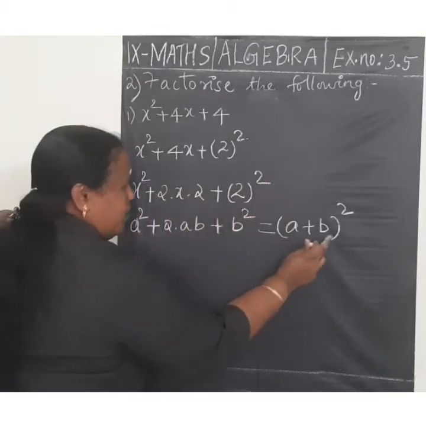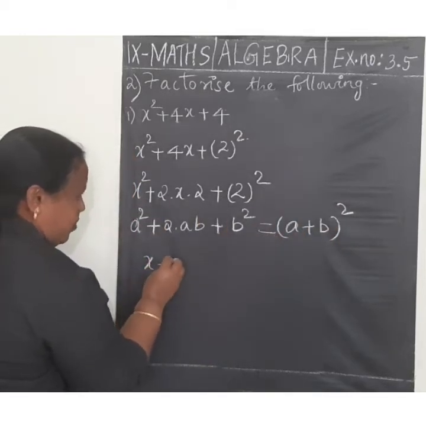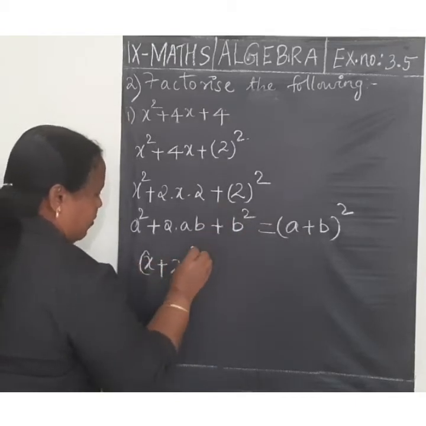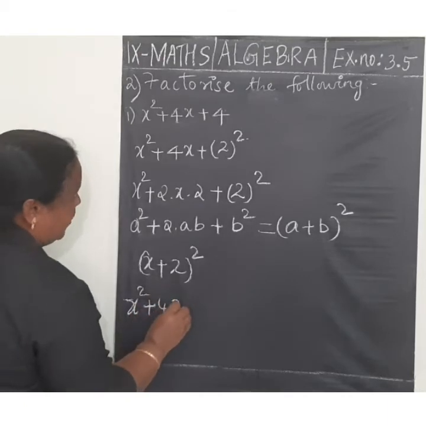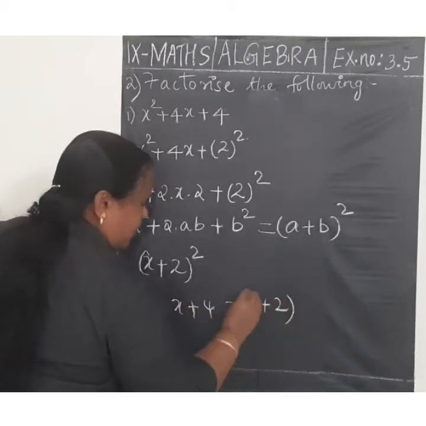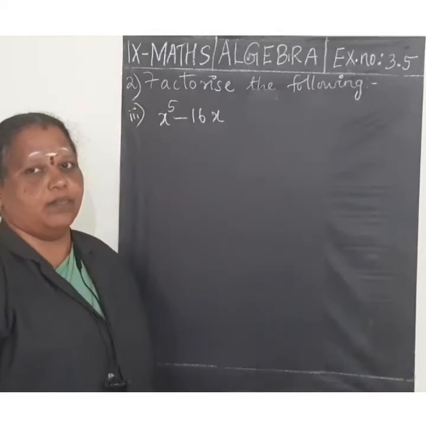So we write a plus b the whole square, where a is x and b is 2. So x squared plus 4x plus 4 is factorized as (x plus 2) the whole square.